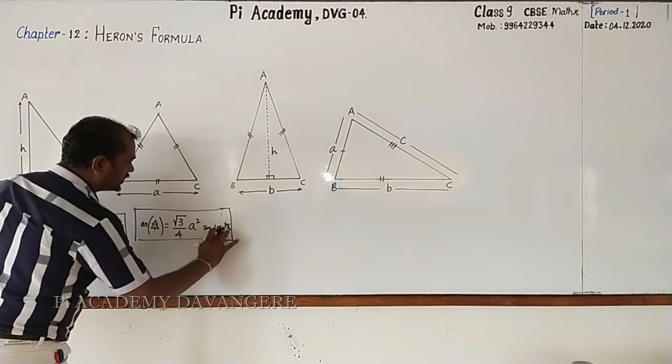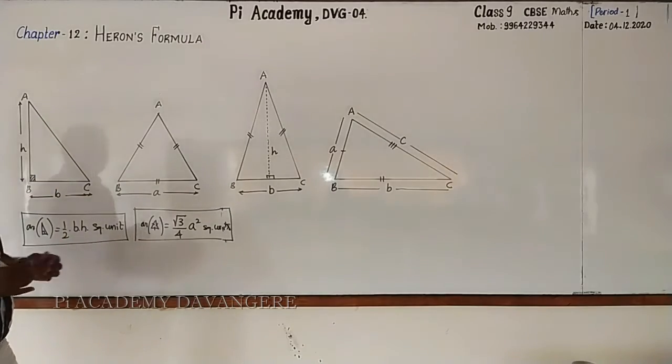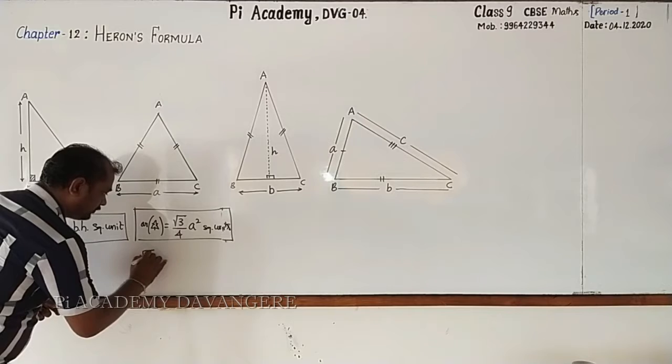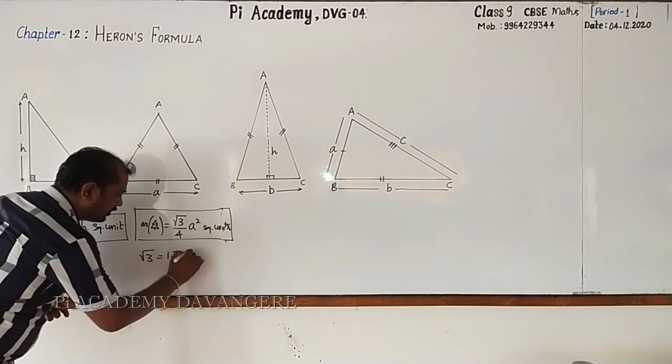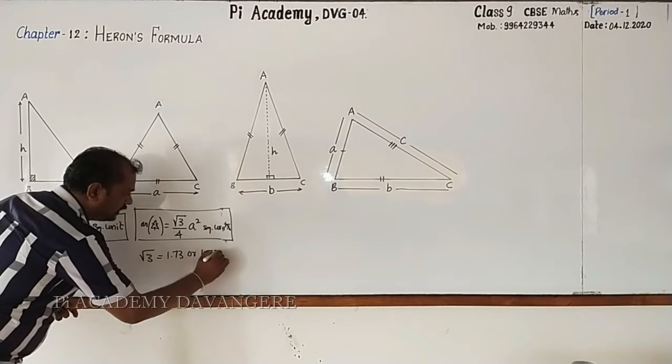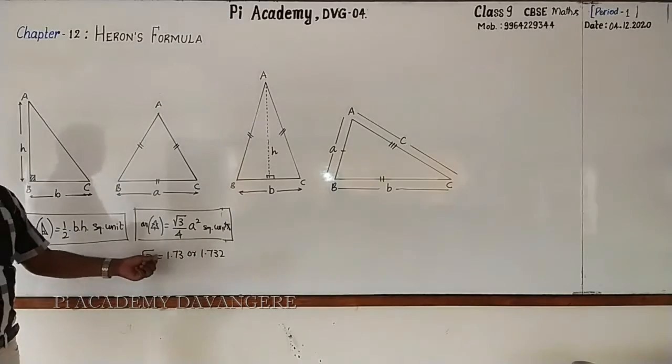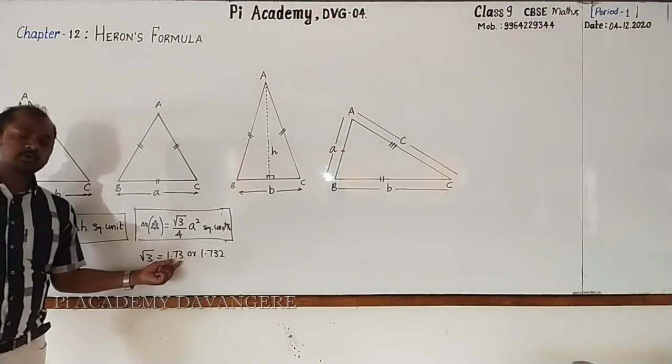Here root 3 is there. Root 3, what is its value? It is 1.73 or 1.732 or 1.73205. After decimal, if you know two digits, it's enough.